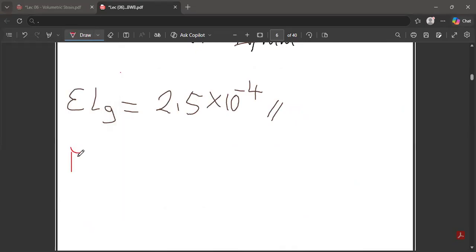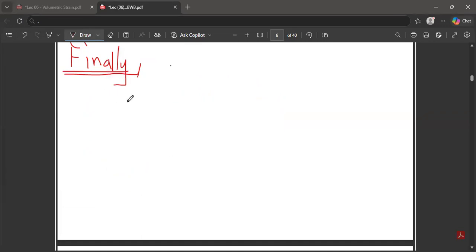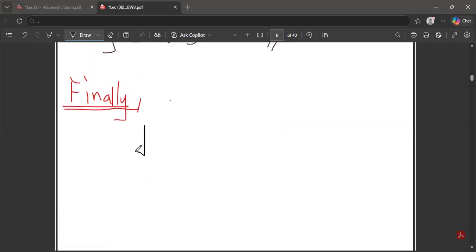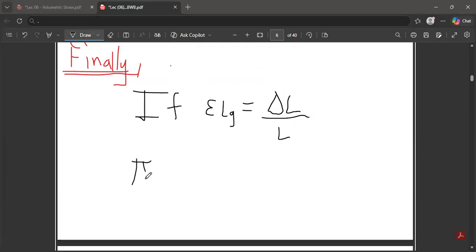Finally, we can now say that our longitudinal strain, if longitudinal strain is equal to change in length over original length, then our change in length is equal to longitudinal strain times the original length.